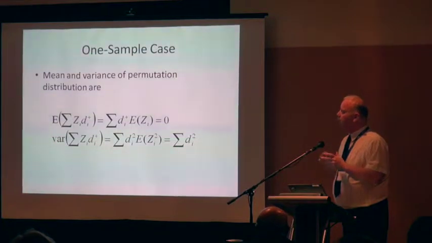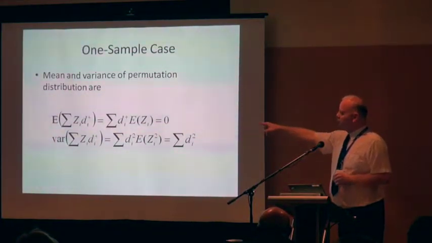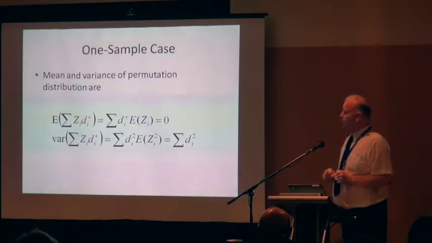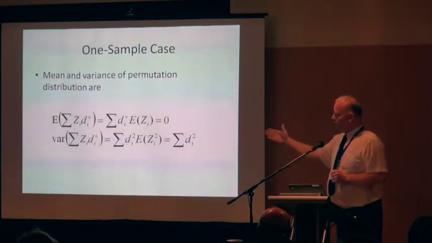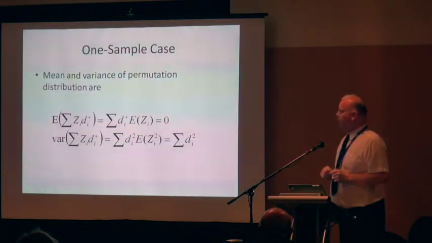Now let's look at the mean and the variance of the permutation distribution. So the mean of the summation of Z_i D_i plus, well, remember the D_i plus are just fixed constants, so we go inside the sum, and that's just D_i plus times the expected value of Z_i, which is 0.